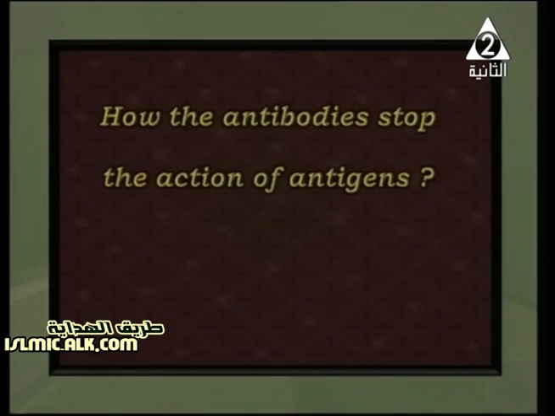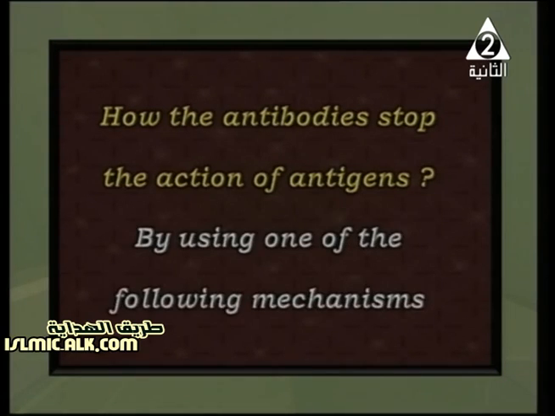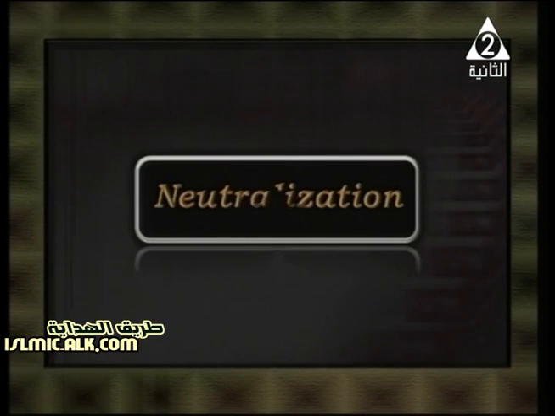The first mechanism, number 1, is neutralization. From the title, neutralization, we have something that will be neutralized, by a chemical or something like that. Just squeeze your mind here.